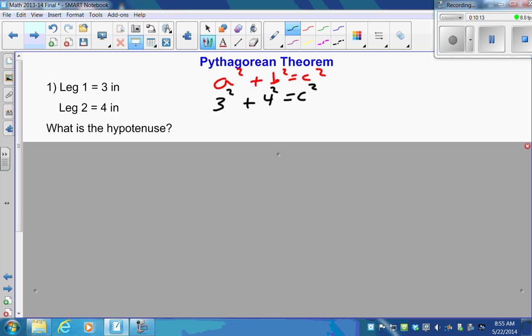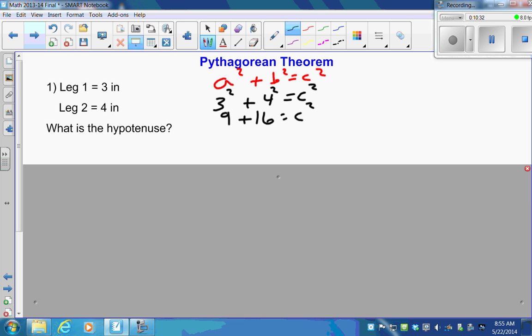Now, I really want you to try to set it up just the way I am and keep it very organized. Just work down. Try not to jump to the other side of the equal sign with numbers. Keep your C there. So I have 3 squared is 9, 4 squared is 16, equals C squared. So 9 plus 16 is 25, equals C squared.